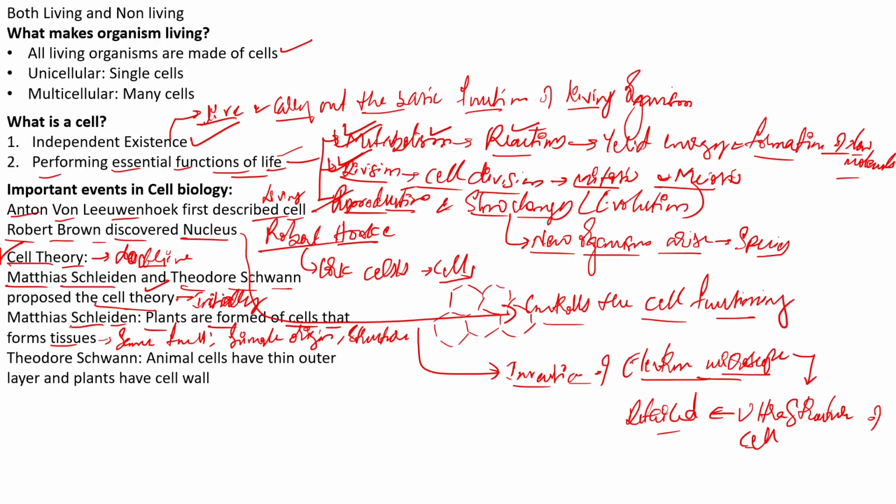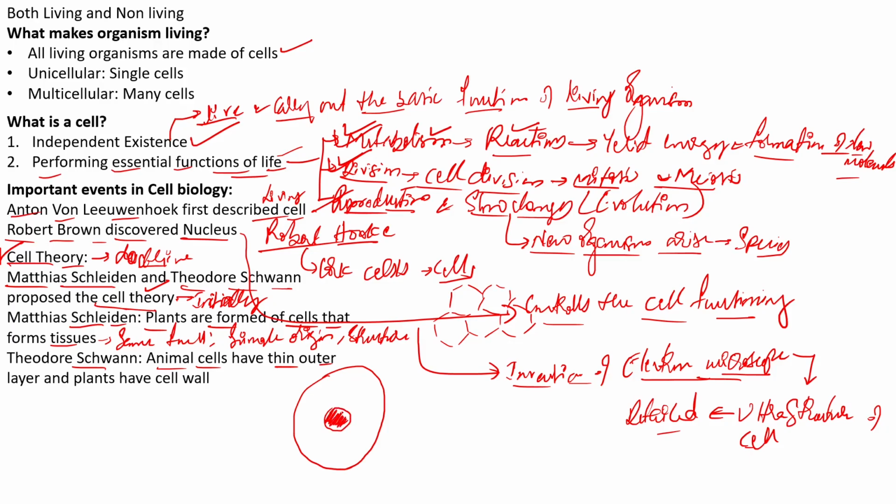German botanist. Later, another scientist, Theodor Schwann, observed that animal cells especially have a thin outer delimiting layer. If you look at the diagram of any cell, how you draw a cell, we always draw a large, big circle, and we also draw one more small circle inside, with dark shading.